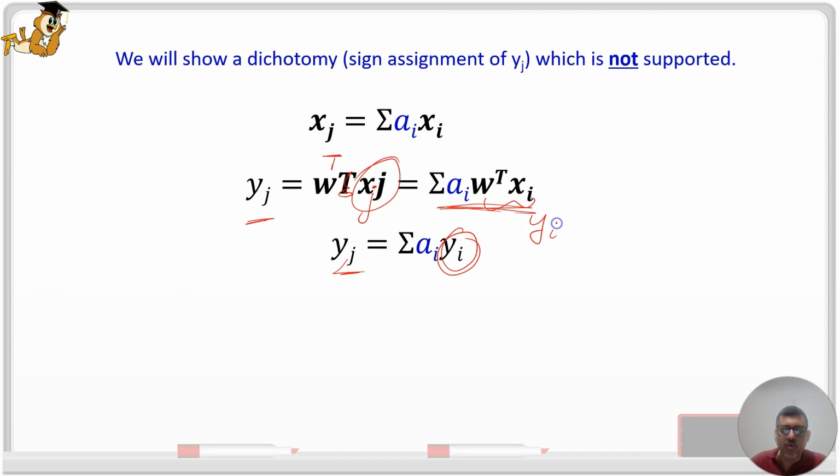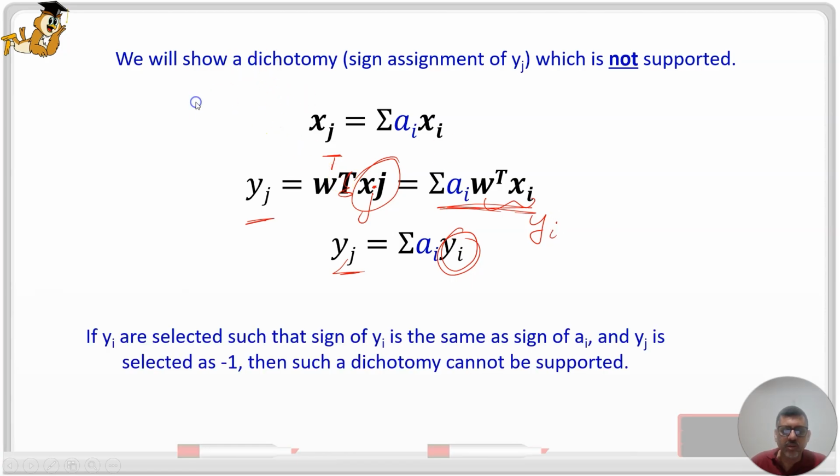Now what we are going to say is that if these yi's are selected such that the sign of yi is the same as the sign of ai, and yj is selected as -1, then such a dichotomy cannot be supported. When I said that xj is a linear combination of xi's, these scalars ai's had a certain sign. Some of them could be 0, but we forget those. The non-zero ai's are either positive or negative.